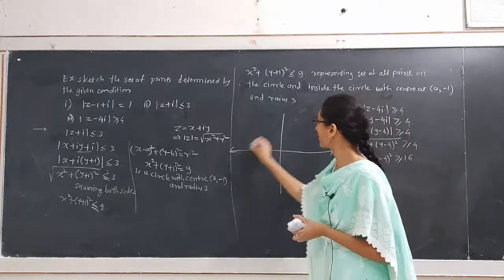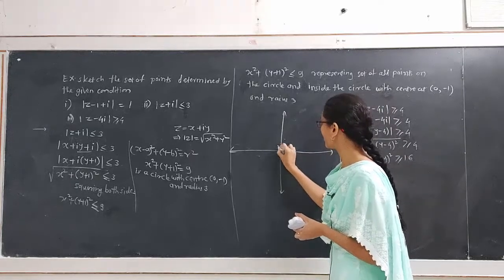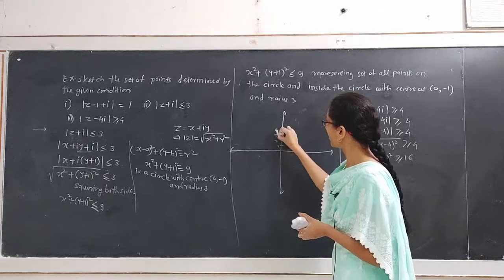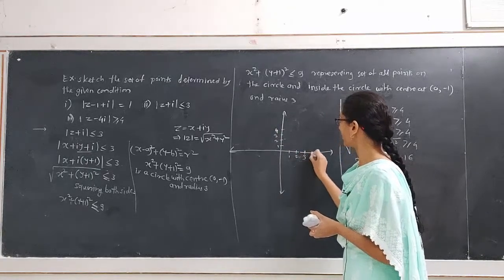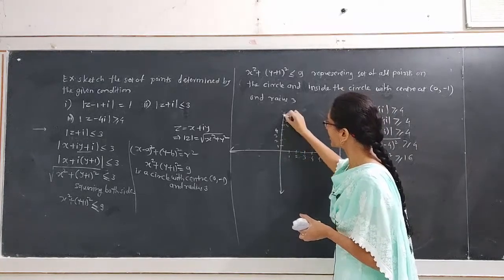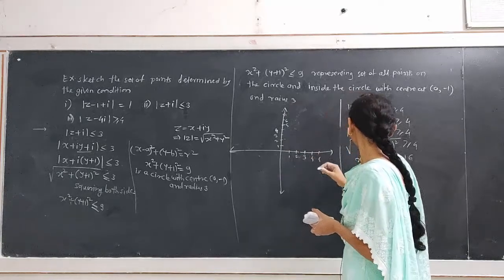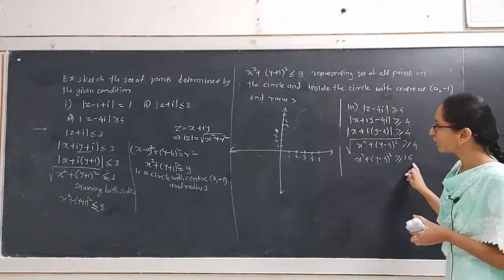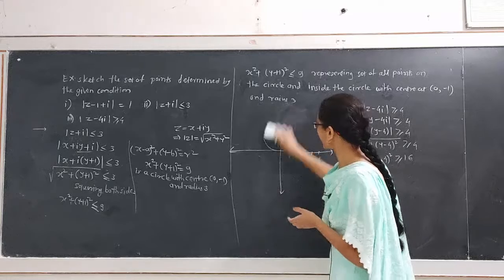Hence, if we have the x-axis and y-axis, (0, 4) is the center of the circle and the radius is equal to 4, that means it touches the origin.